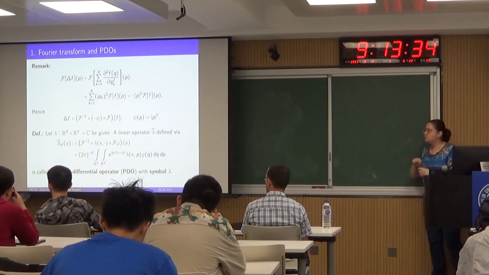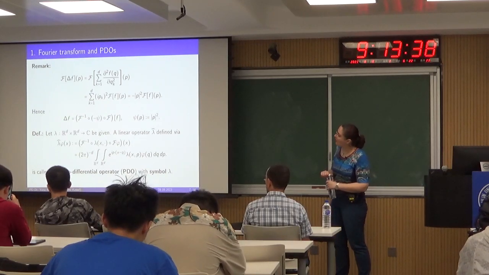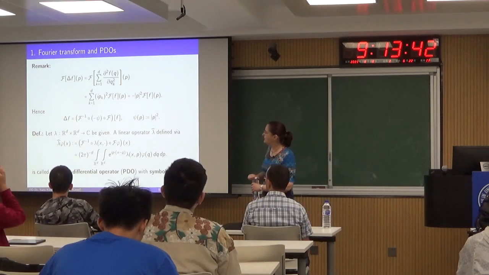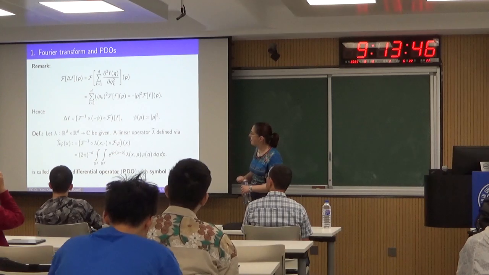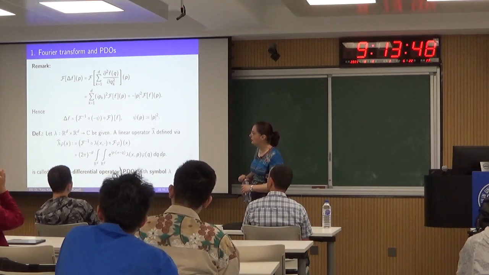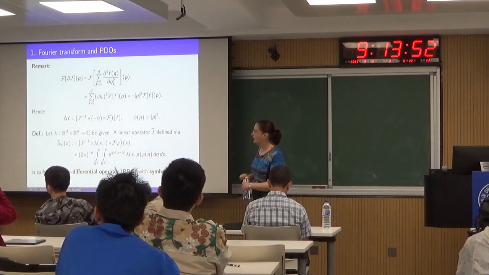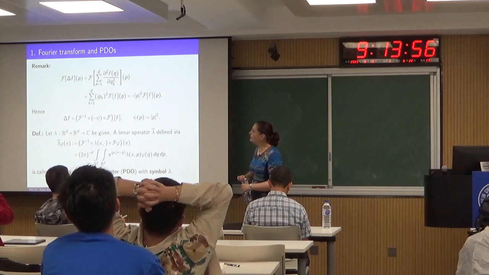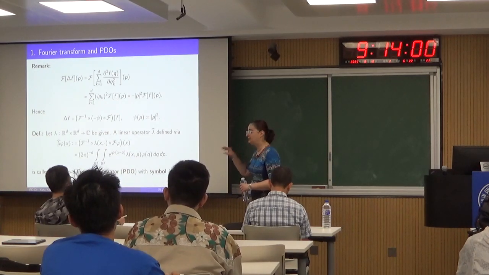So, for example, the Laplacian is defined for f twice differentiable. But doing pseudo-differential, we can define it for a larger class of functions. These are technical things which we will clarify when we consider particular examples.